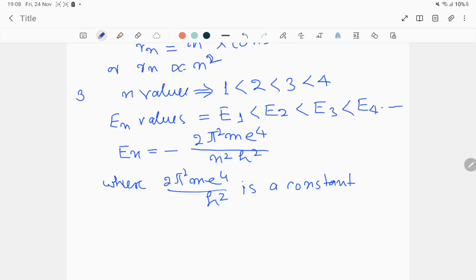Therefore, En is equal to minus 1 by n square into constant.